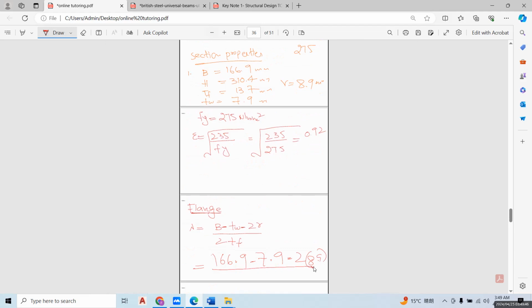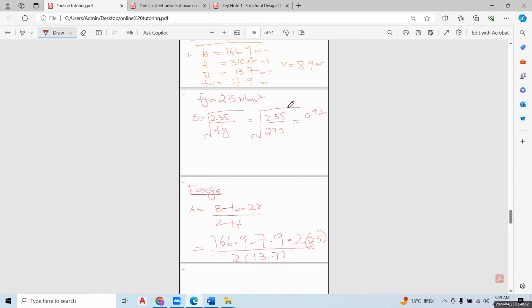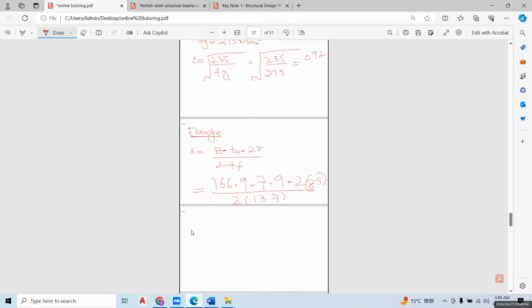Tell me if the values are wrong. So this is equal to 5.13.